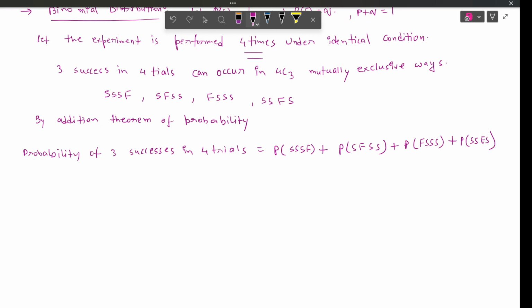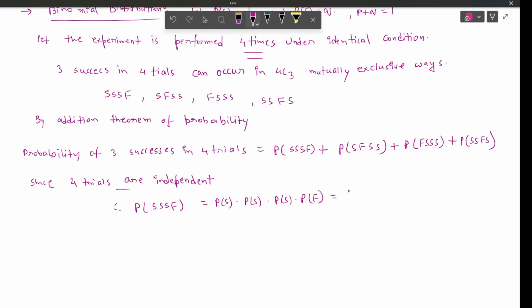Okay. Now, since 4 trials are independent, therefore, by the multiplication theorem for independent events, we can say P of SSSF should be P of S, P of S, P of S multiplied by P of F. We know P(S) is p and P(F) is q.